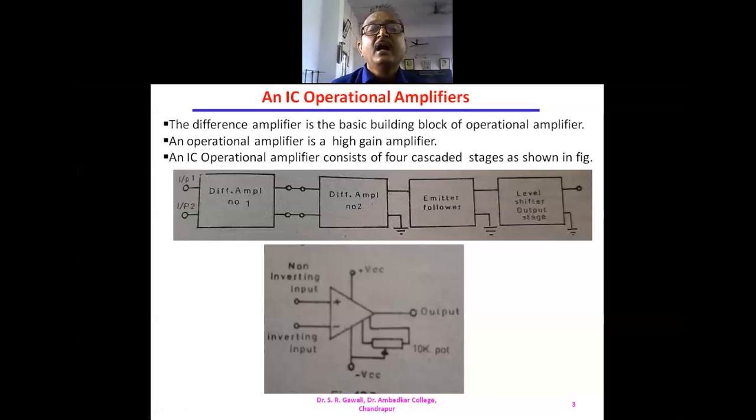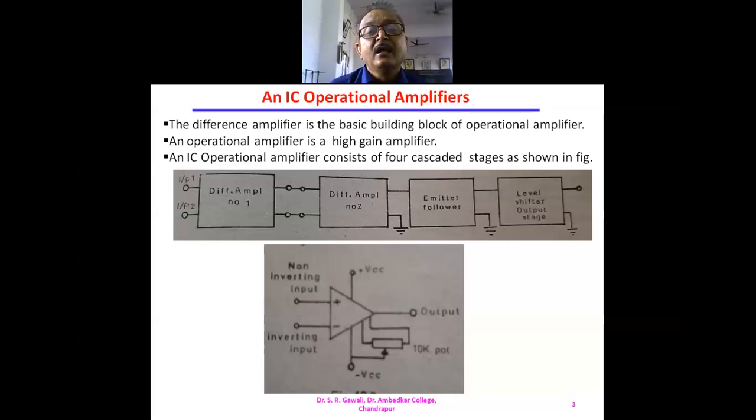The output of the second difference amplifier is single ended, because only one output is taken out of the 2 outputs, between the output terminal and the ground. That is why it is called a single ended output, and this is the operational amplifier.